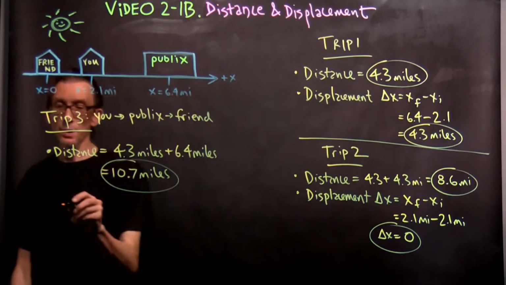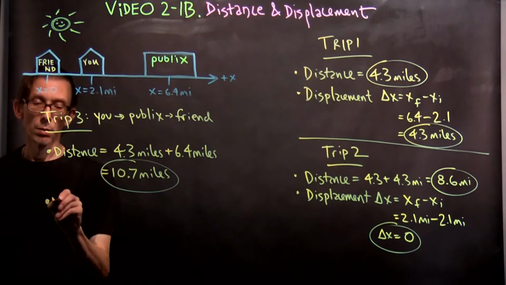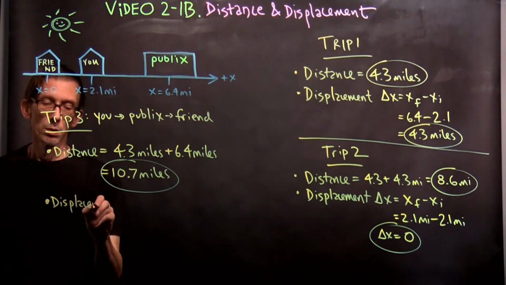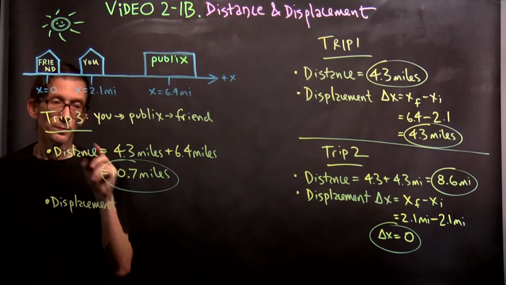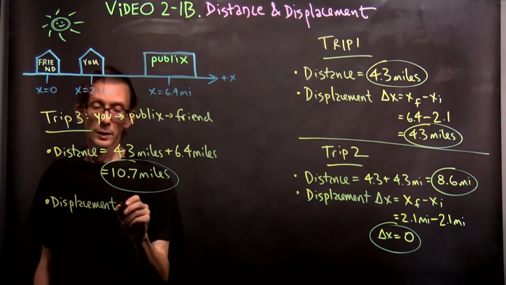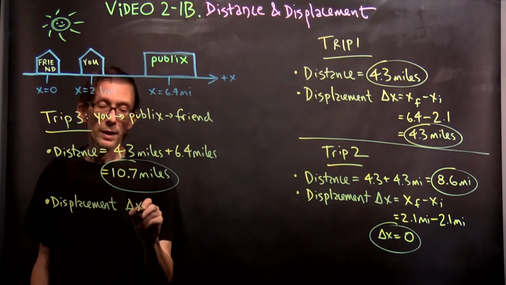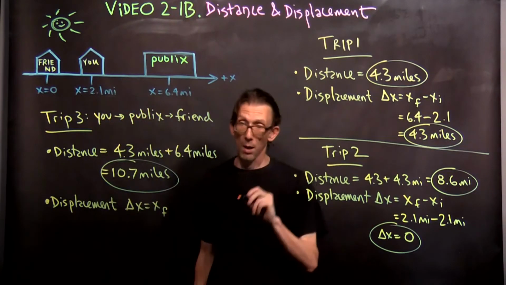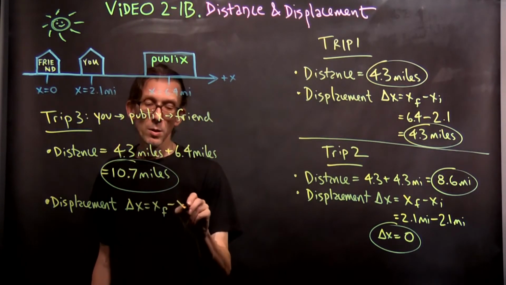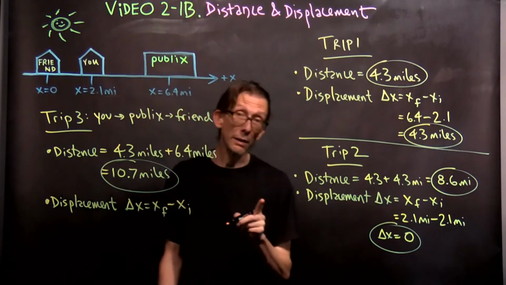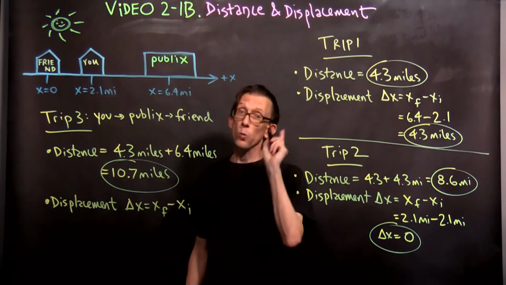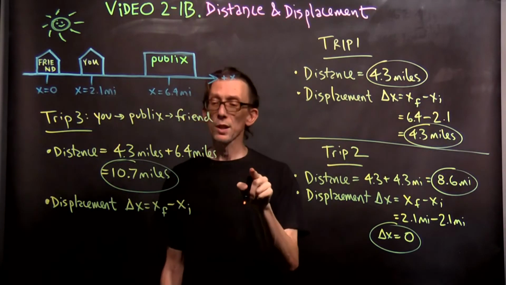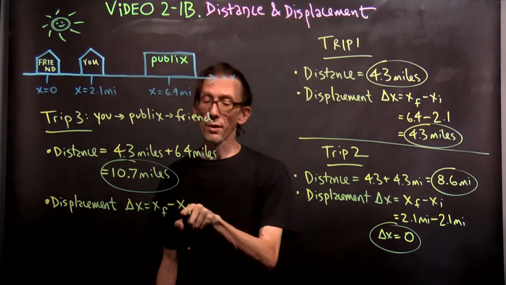But the displacement is highly amusing. Okay. Delta X, again, is your final position minus your initial position. And again, all that matters with displacement is your final position and your initial position.